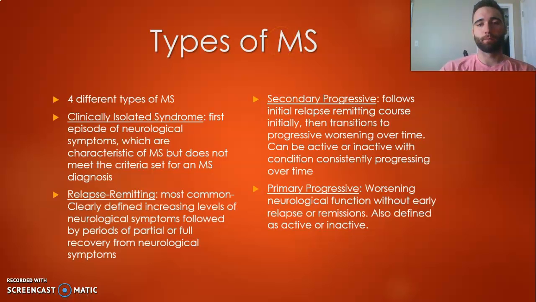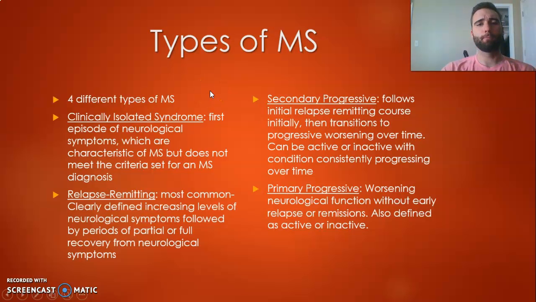And then we have the progressive MS. Secondary progressive is going to follow the same course, where you have the initial relapse where symptoms occur, and then you're going to eventually taper off, and you're going to have a remission. And then what's going to happen is you will not have any more relapse remitting. You're just going to have a progression of signs and symptoms over time that's going to slowly climb up, just like I'm showing you on the monitor.